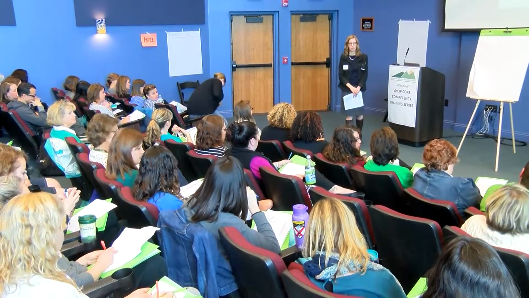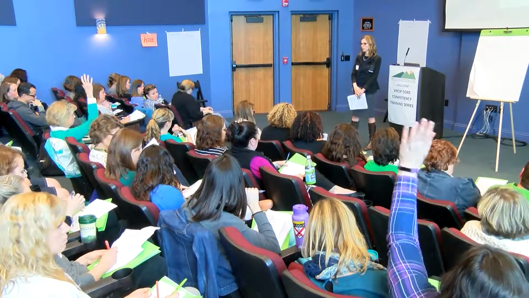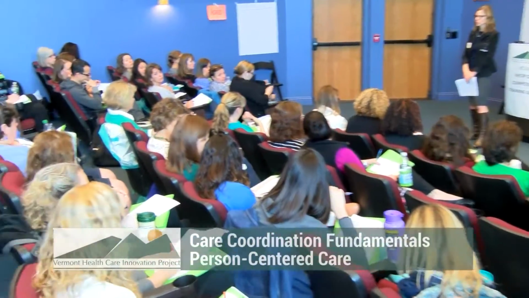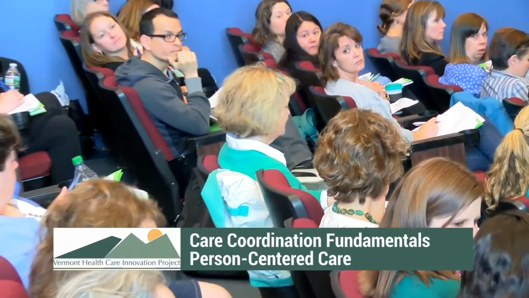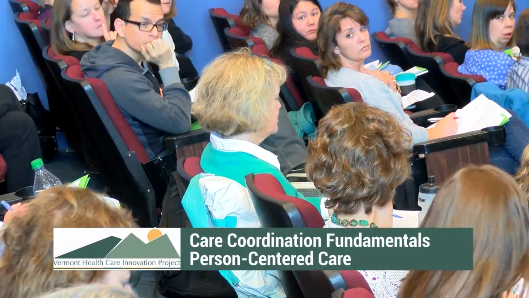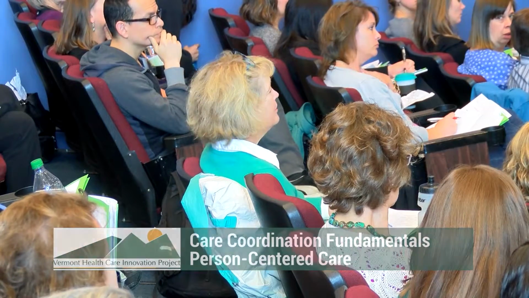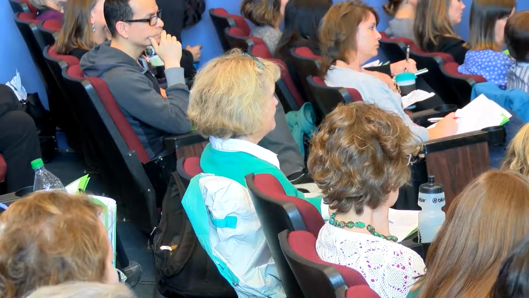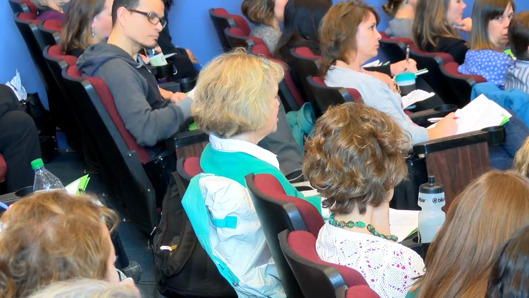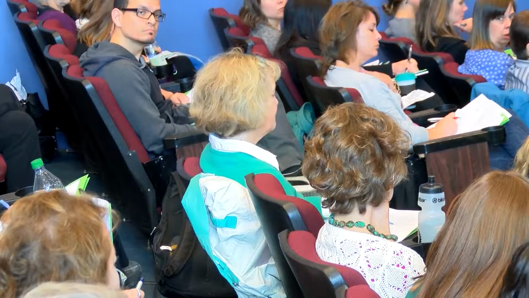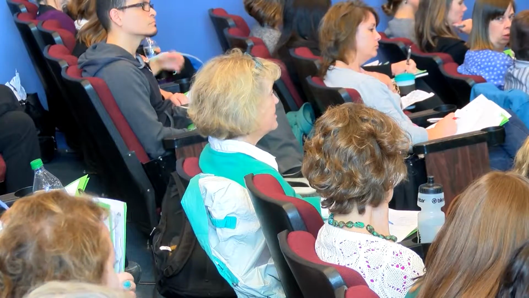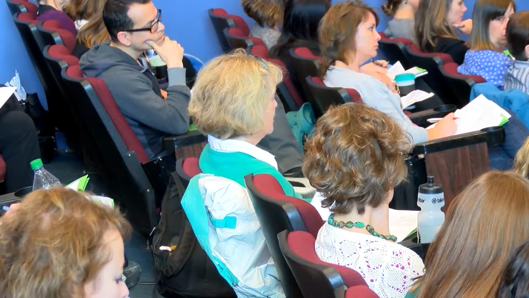Somebody want to share out? Yeah, great. Maggie? I was thinking of an older person. Just tell us in the chart what you put. Okay, in the chart, there might be words like confused, anxious, combative, declines visits.